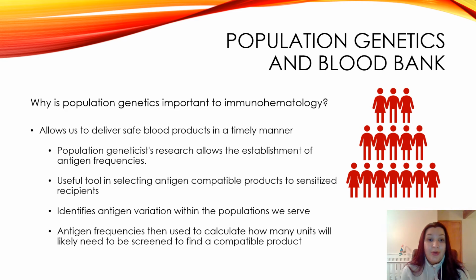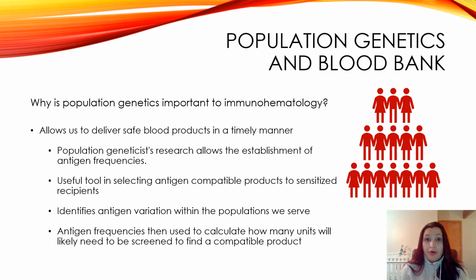Okay, so how does all of this relate to blood banking, and why does it matter? In a nutshell, it allows us to deliver safe blood products in a timely manner. Population geneticist research has allowed us to establish antigen frequencies in the populations that we serve.